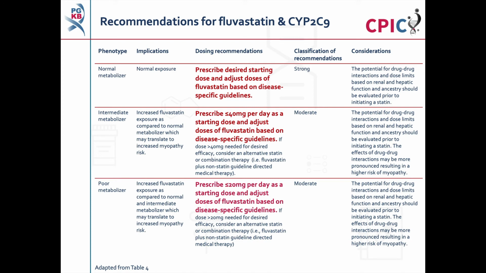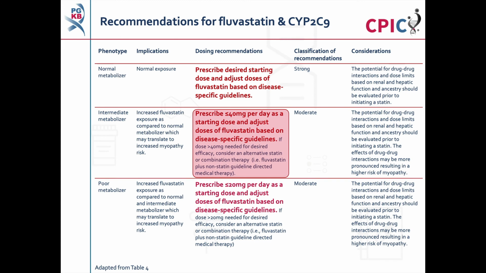These are the CPIC recommendations for fluvastatin by CYP2C9 phenotype. Patients who are CYP2C9 normal metabolizers may have normal exposure to fluvastatin. These patients can be given the desired starting dose. This is a strong recommendation. Patients who are CYP2C9 intermediate metabolizers may have an increased risk of myopathy when treated with fluvastatin.